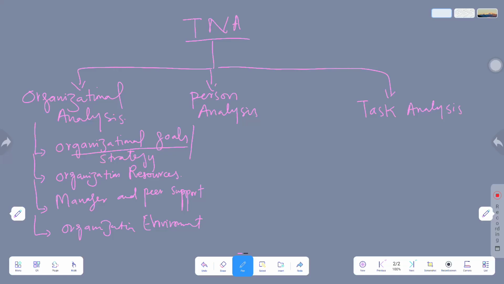Then the second component is person analysis. In person analysis, we conduct analysis of persons.